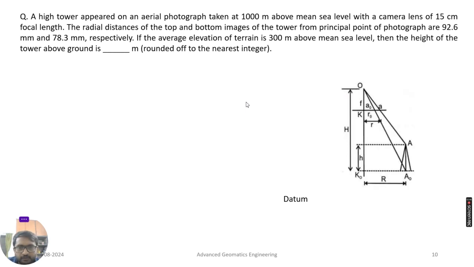Okay, so we will go with the same thing, but here we have not been given the direct values of relief displacement. So first we will draw the figure and get the information that they have given to us. The tower is on an aerial photograph taken at 1000 meter above mean sea level, so capital H is 1000.